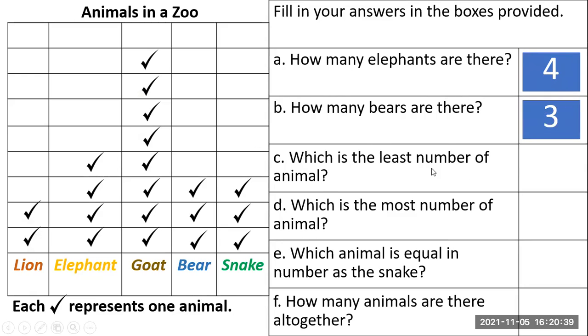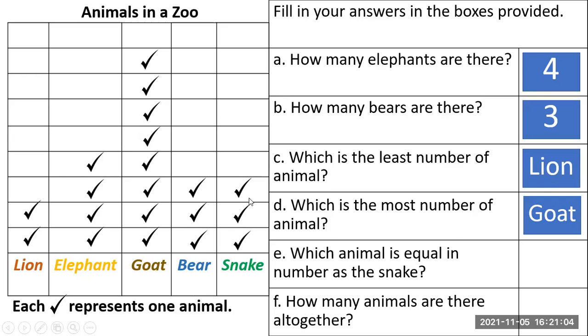Which is the least number of animal? Least has the smallest number. It's a lion. Letter D. Which is the most? Most means have many in number. It's a goat. Letter E. Which animal is equal in number as a snake?